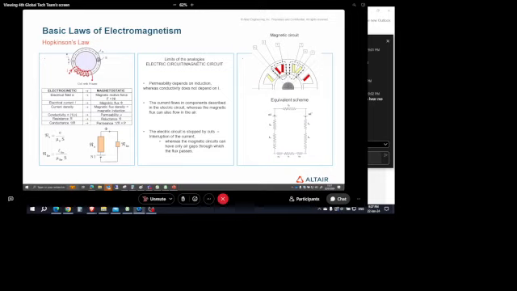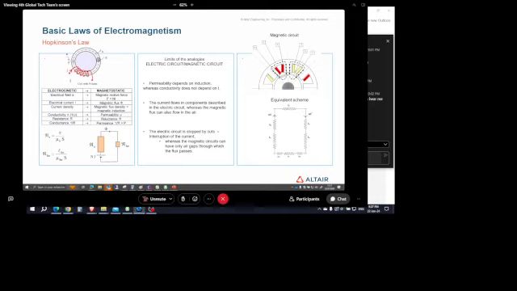Yeah, so then Hopkinson law will help us to understand a little bit better the magnetic circuit. Hopkinson law establishes a link between magnetic circuit and electric circuit.